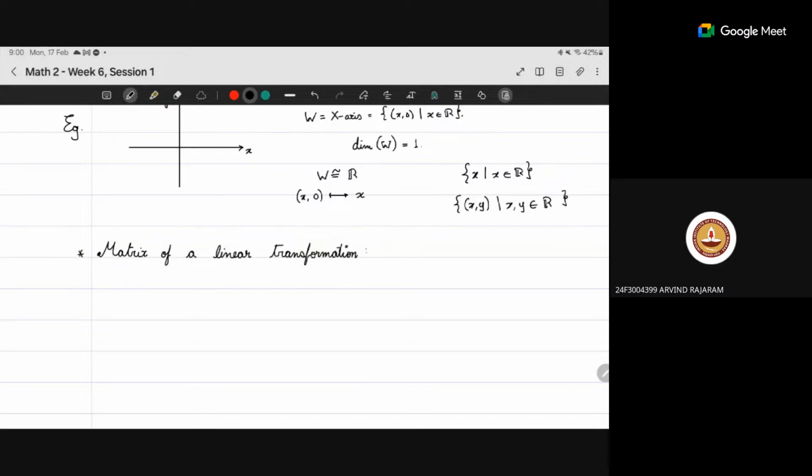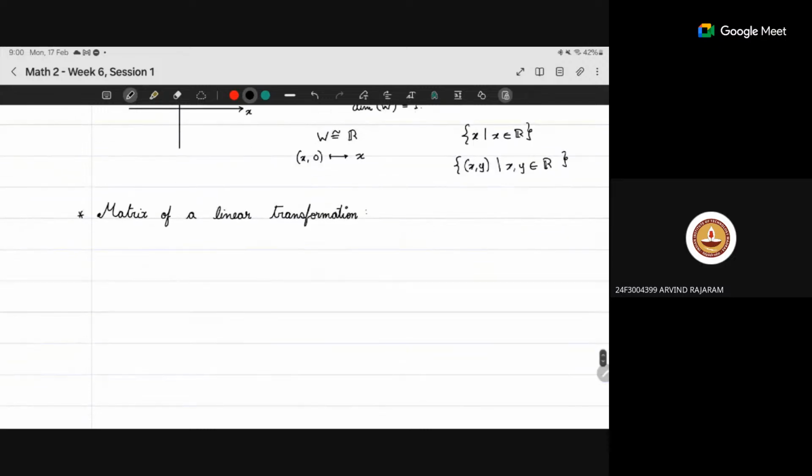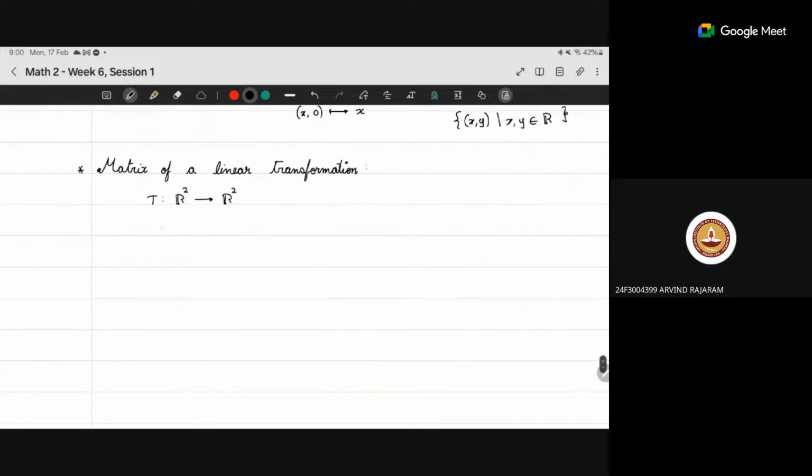So, the matrix of a linear transformation. Instead of dealing with V and W, let's come back to the ground and do something between R^n and R^m, which is most of the examples that you will be dealing with in the course. So let's say (x, y) goes to (2x plus 3y, x minus 1), something like this.